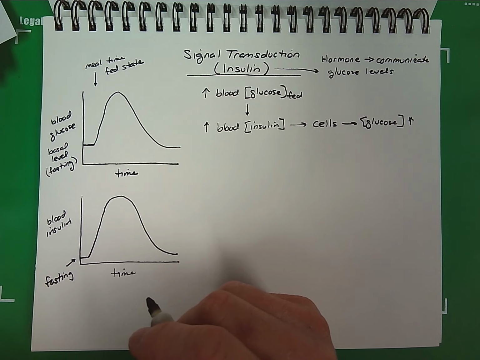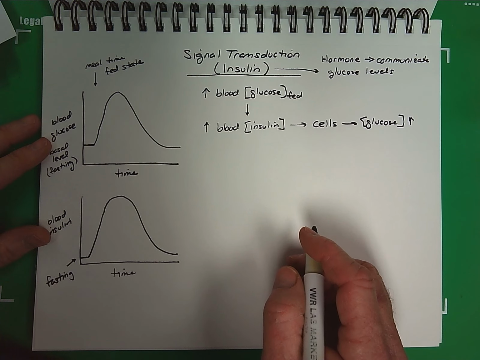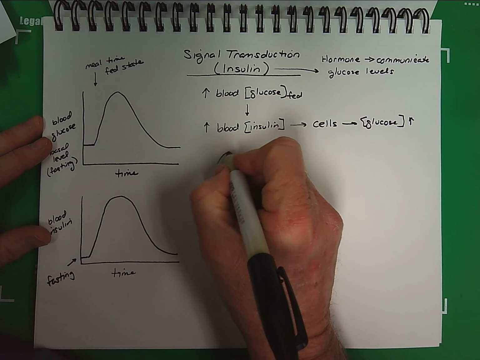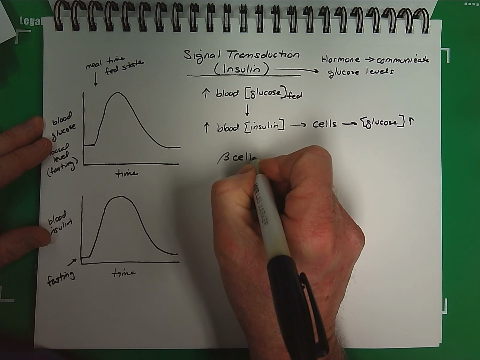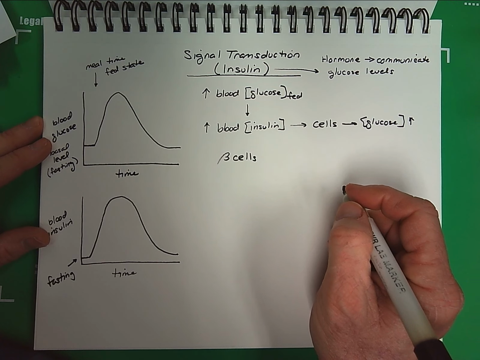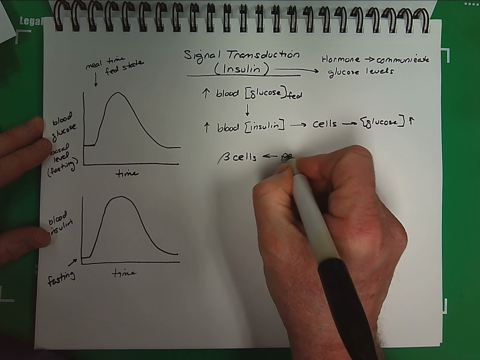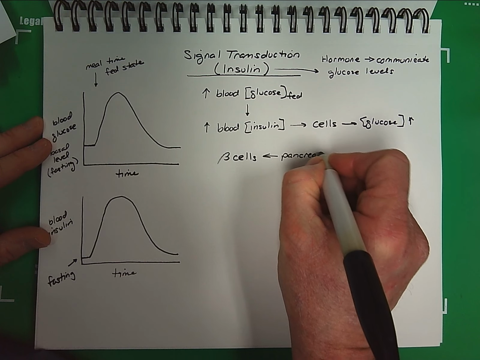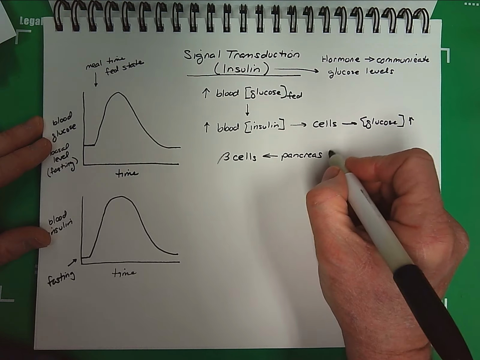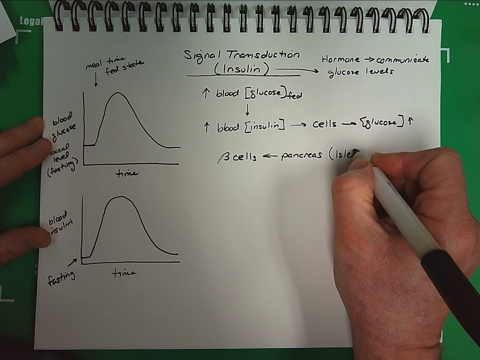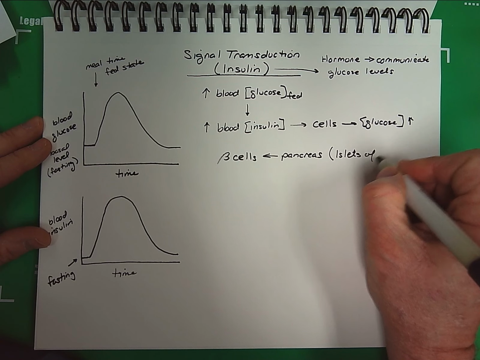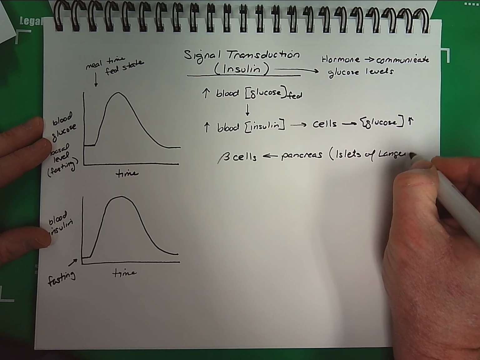Now, how does this response work? The specific cells that are involved in detecting glucose levels are called beta cells. These beta cells are in the pancreas. Specifically, they are in small little islets of Langerhans.